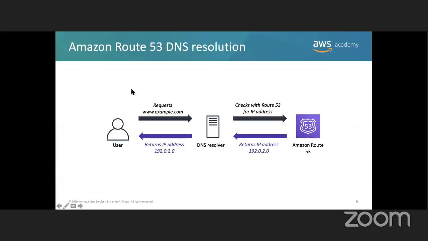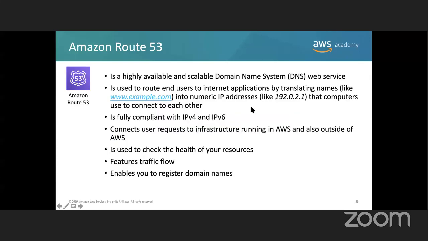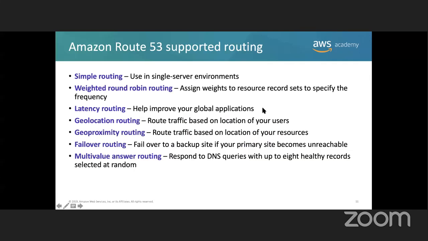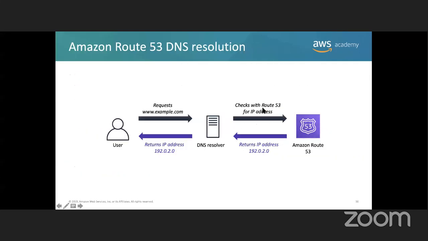All right, so here is what happens. The user enters this website and a request is sent to the DNS resolver. Then the DNS resolver checks with Route 53 for an IP address.